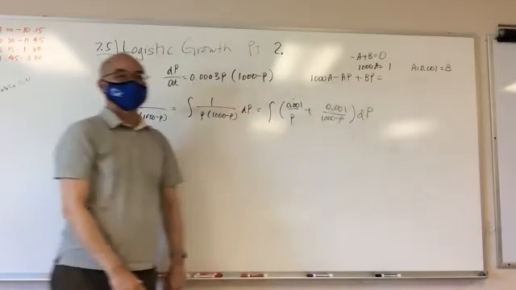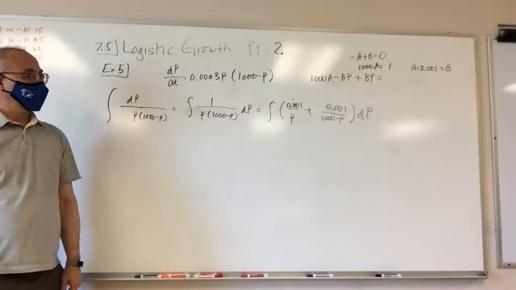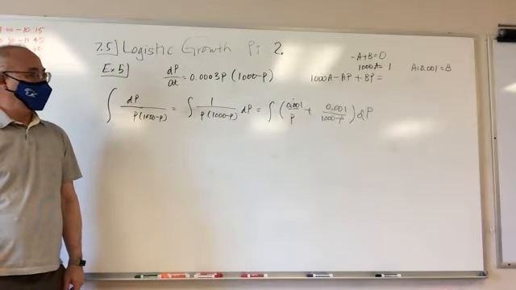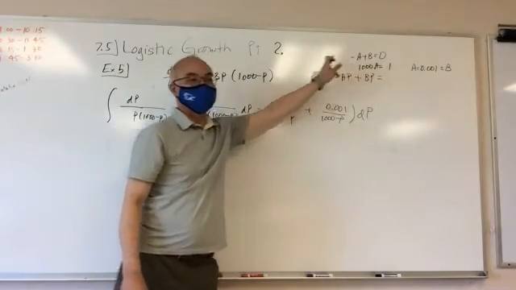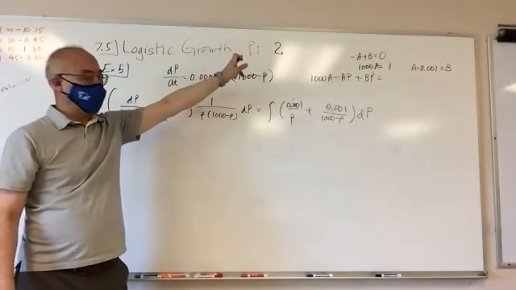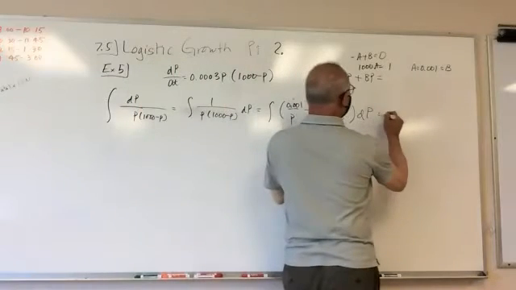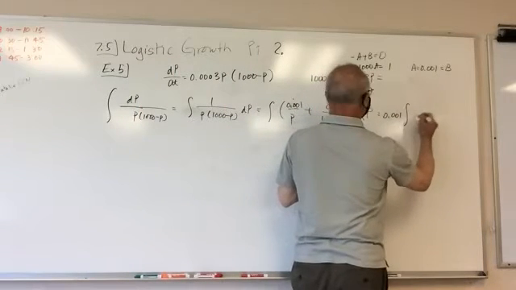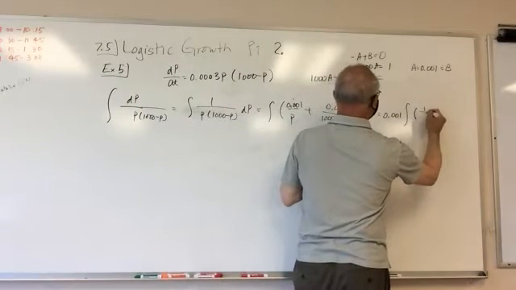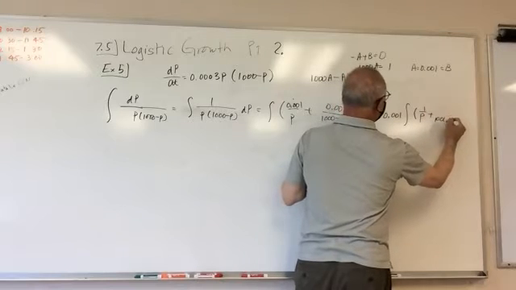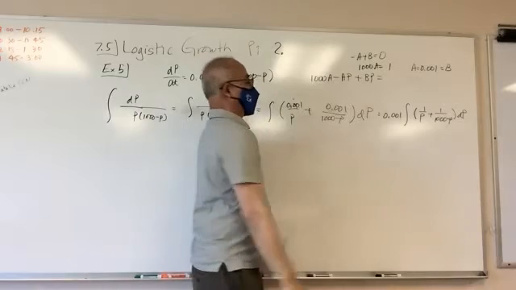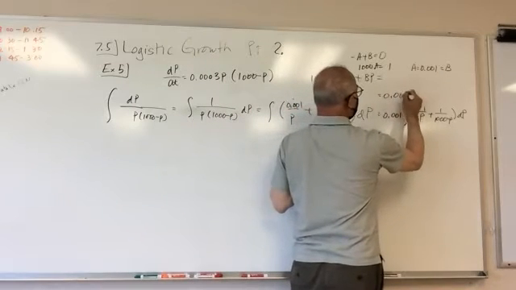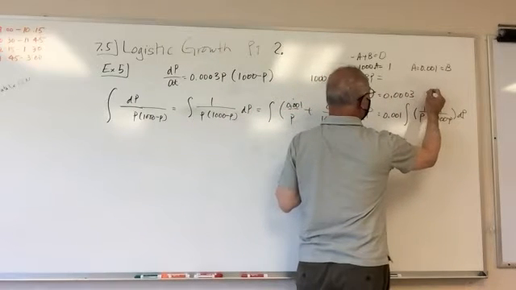So minus A plus B equals 0. If I move the A over, B is equal to A. So let's pull out the 0.001 and make this 1 over P plus 1 over (1,000 minus P) dP, and this is going to be equal to 0.0003 dt.